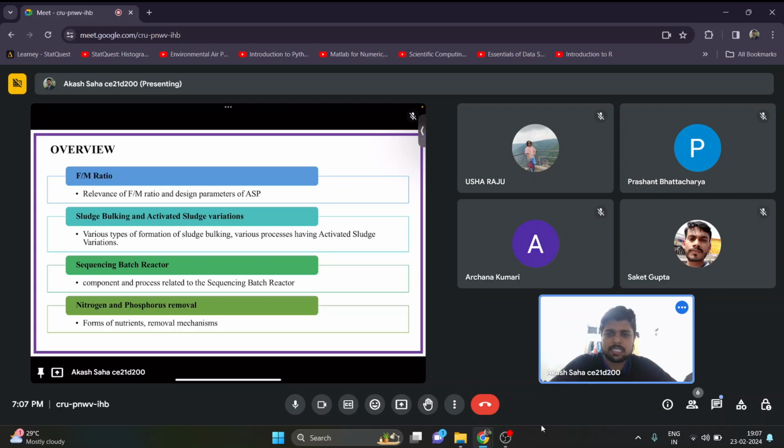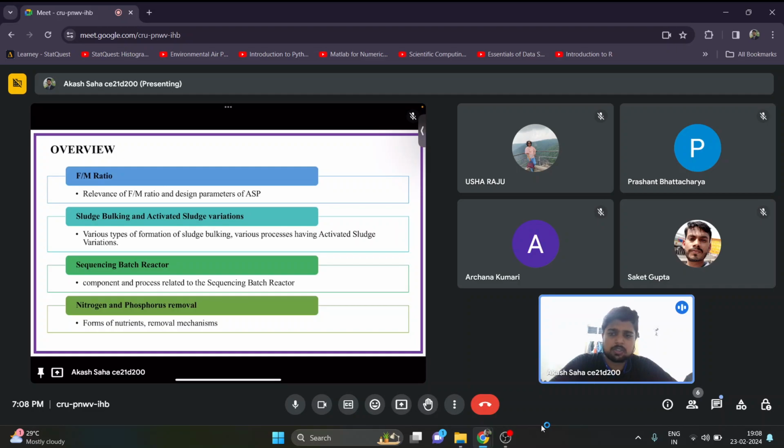We call it SBR, and then we saw details about nitrogen and phosphorus removal, the different mechanisms, and the different forms of nutrient in which they are found in the wastewater. So this was the whole content regarding this week's lectures.